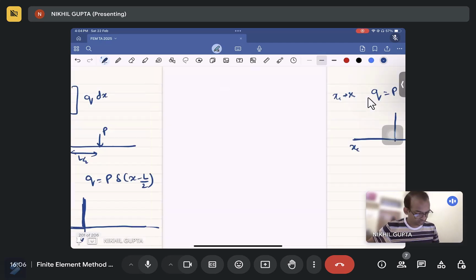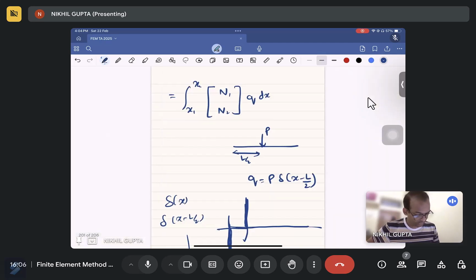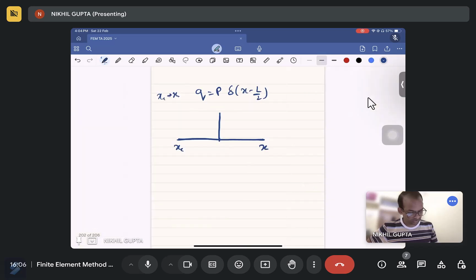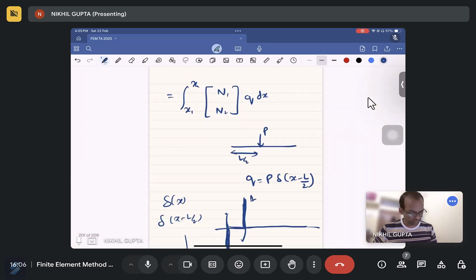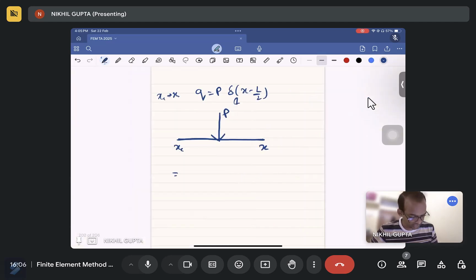Sorry, I put it as infinite, but the integral will be 1, and it will multiply by P, so you get a P value. It is the same as applying a load like this. It's just a representation of a point load acting at a point. So when we were solving it, we get the integral of x1 to x2, N1, N2, P delta of x minus L by 2.